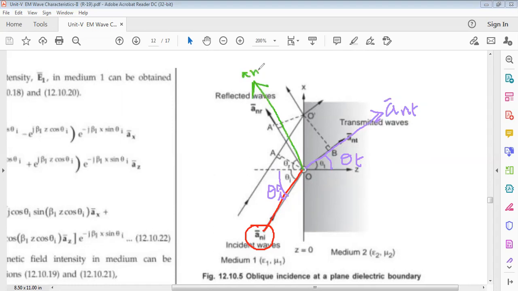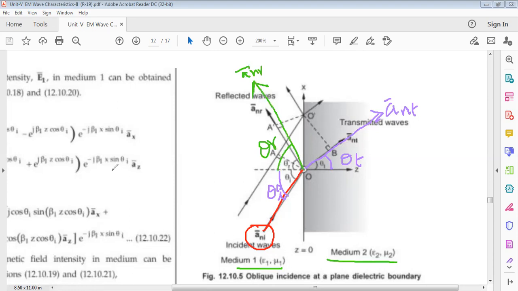Okay, these are the three. Medium 1 is a dielectric and medium 2 is also a dielectric, with the parameters mu2 epsilon 2 and mu1 epsilon 1. Okay, my dear students.